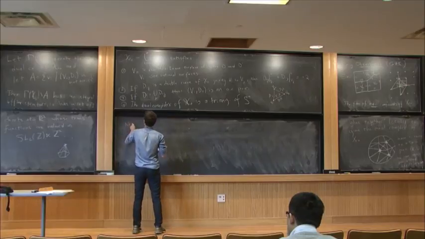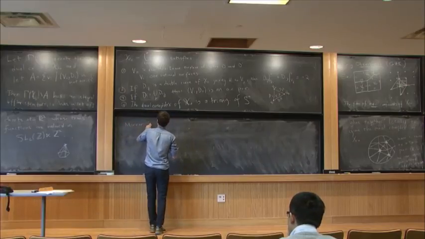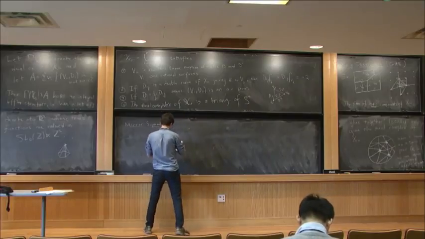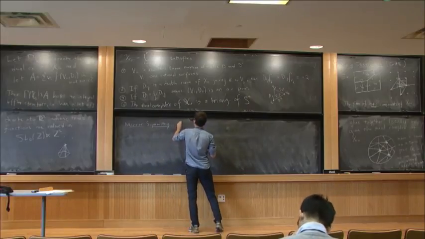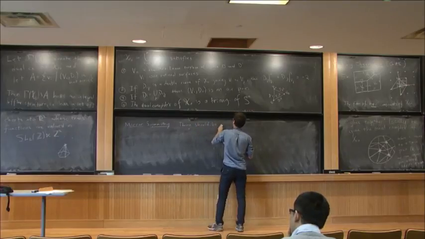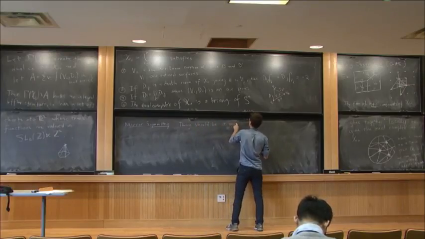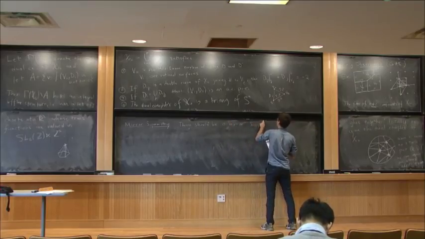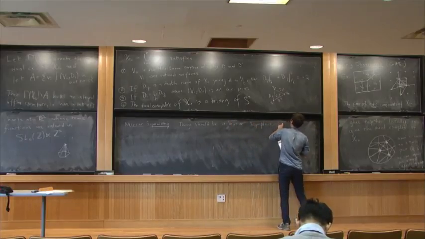Okay, so where does mirror symmetry come in? There should be a mirror symplectic four-manifold.